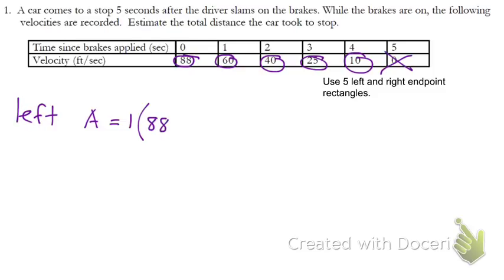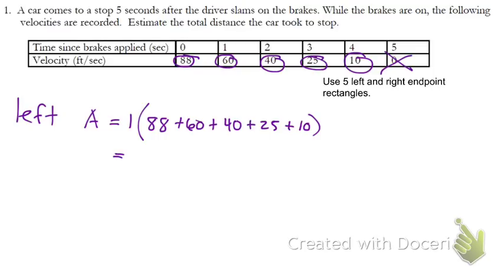The next rectangle from 1 to 2 has a base of 1 with a height of 60. The next rectangle has a base of 1 from 2 to 3 with a height of 40. The next rectangle from 3 to 4 has a base of 1 with a height of 25. And last but not least, my last rectangle from 4 to 5 has a base of 1 with a height of 10.